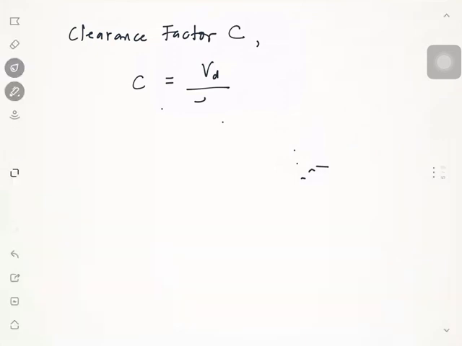We have this clearance factor denoted by C. This is VD over VB minus VD.